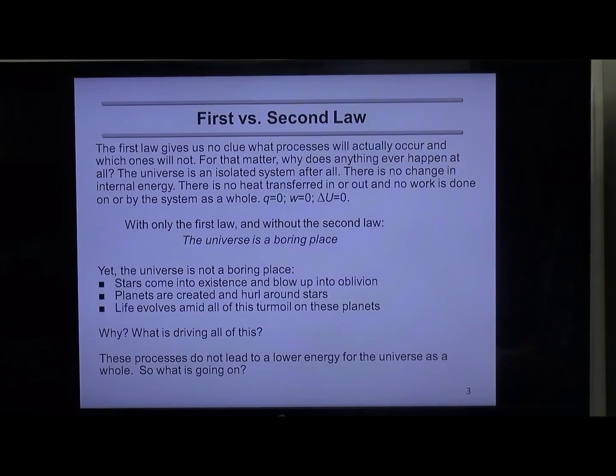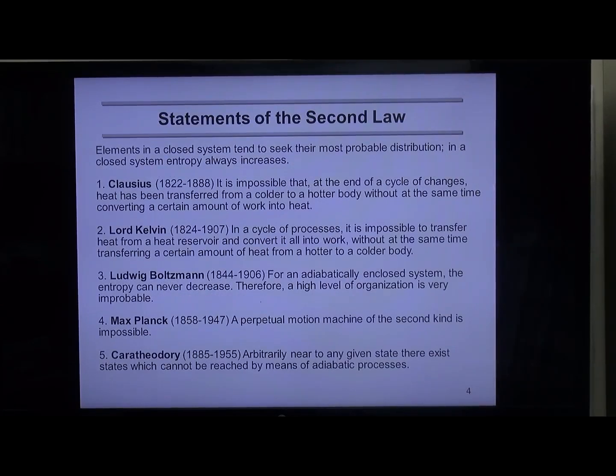So we do not know, based on the first law, what the spontaneous changes are. Okay? What exactly drives these kinds of spontaneous changes? We now know that it is not energy or enthalpy, right? The second law of thermodynamics basically gives us a clue about the spontaneity of processes and changes.